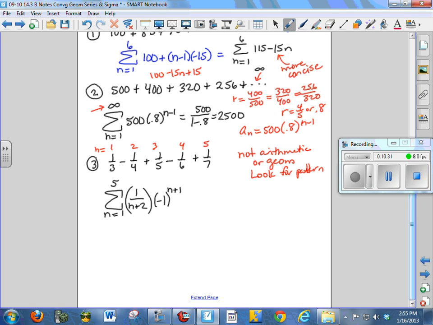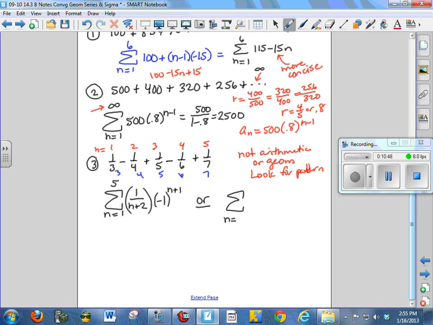Alternately, we could start counting n from a different place. We could say, let's call this 3, 4, 5, 6, and 7.